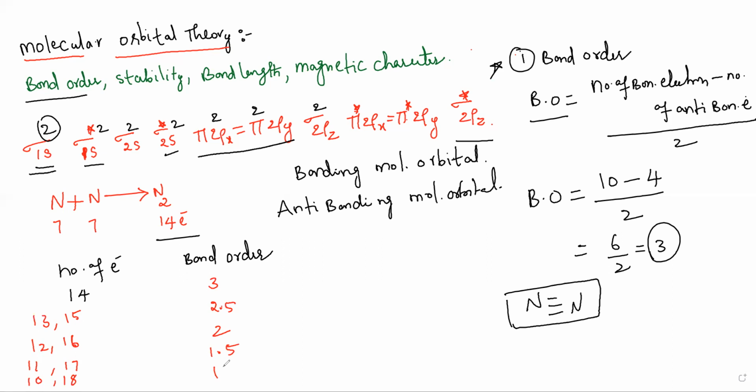Suppose the molecule contains more than one atom, for those molecules we can find bond order with respect to resonance. That we are going to teach in later classes. Hope it is clear about bond order. And we are going to discuss the second application, that is the stability of the molecule.